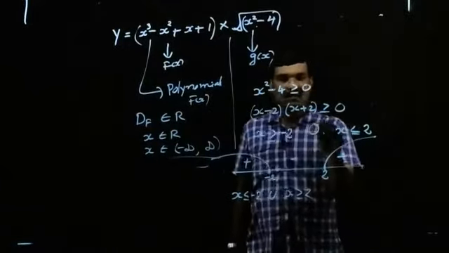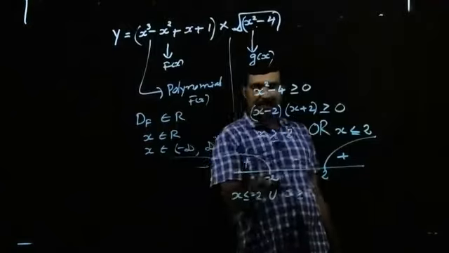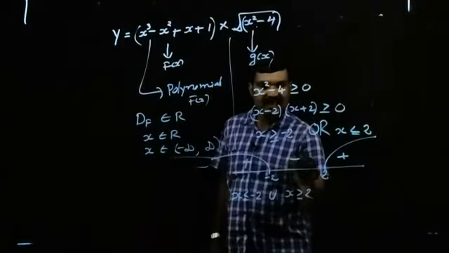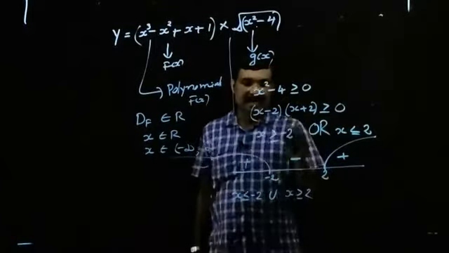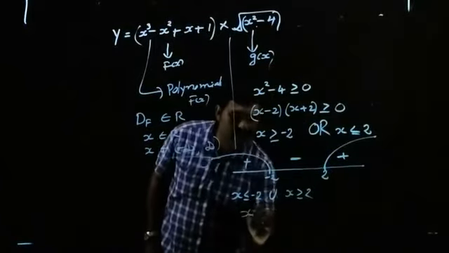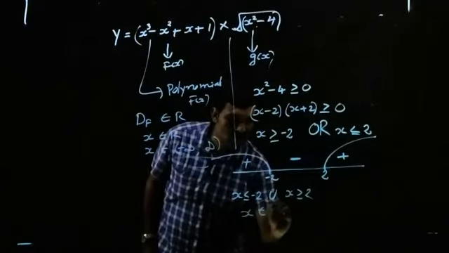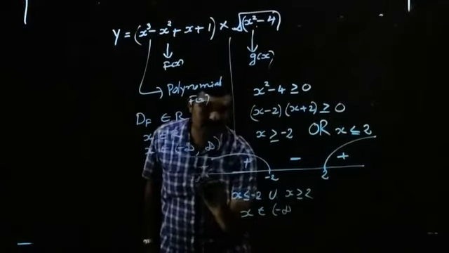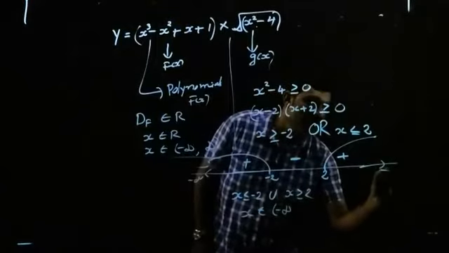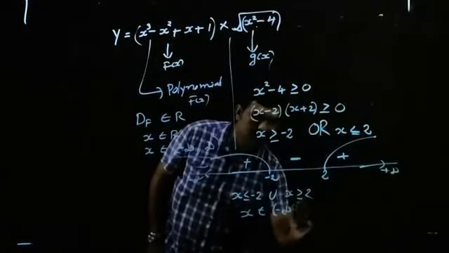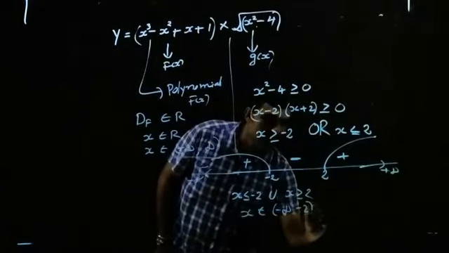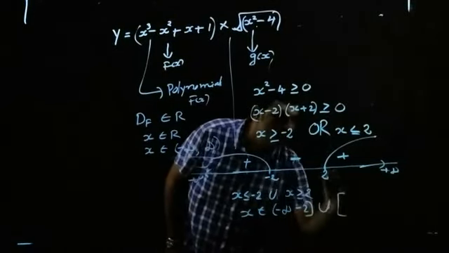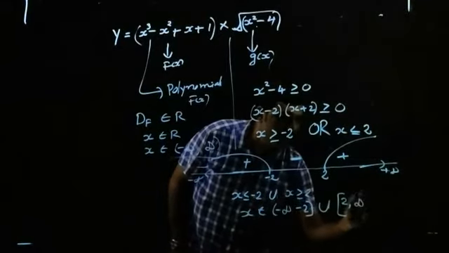Or means either this condition. So inside minus 2 and 2, the value of the function is negative. So we can say x belongs to minus infinity to minus 2, where minus 2 is included, union, or union means or, 2 to infinity.